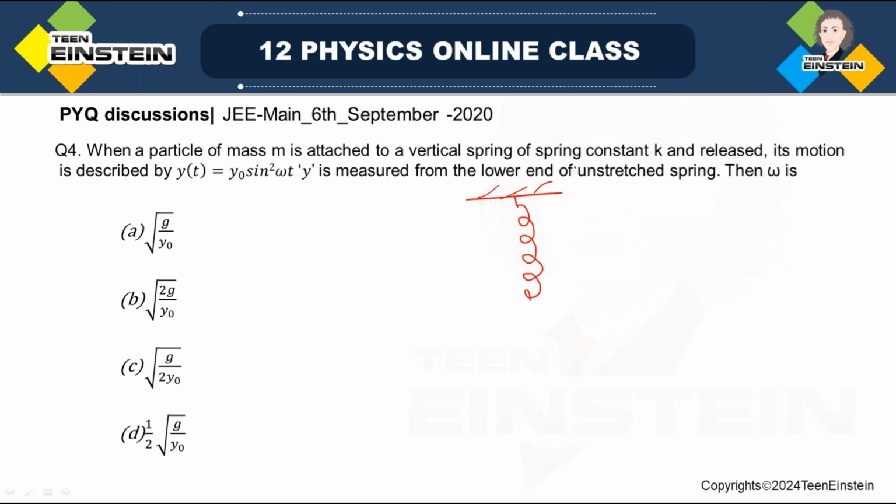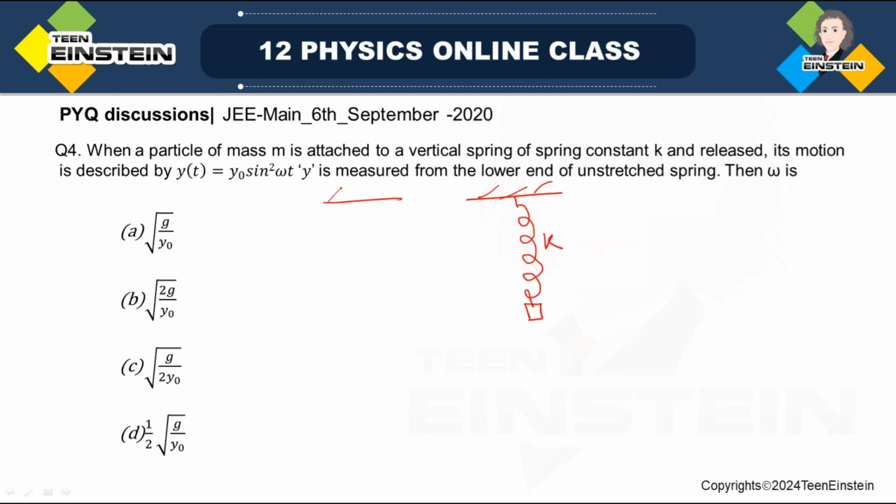So this is a vertical spring having spring constant k, and a particle of mass m is attached. So after attaching a mass m to a vertical spring of spring constant k, it is released actually.